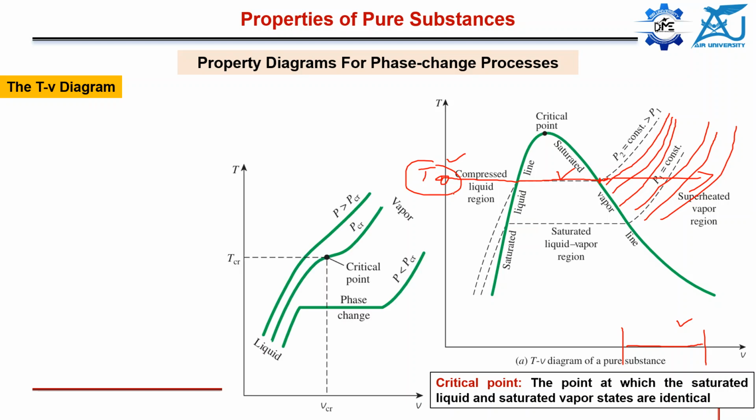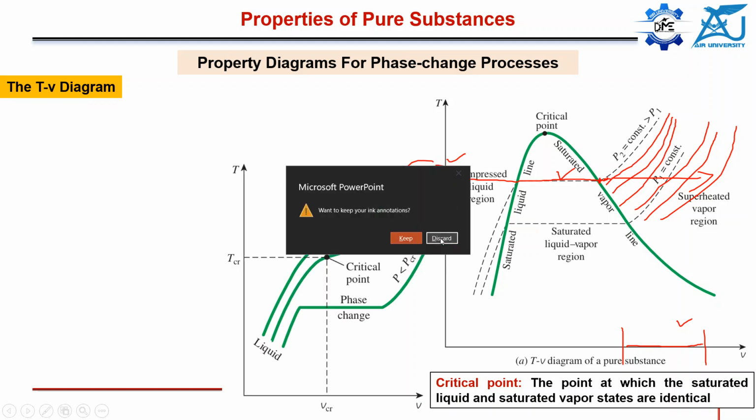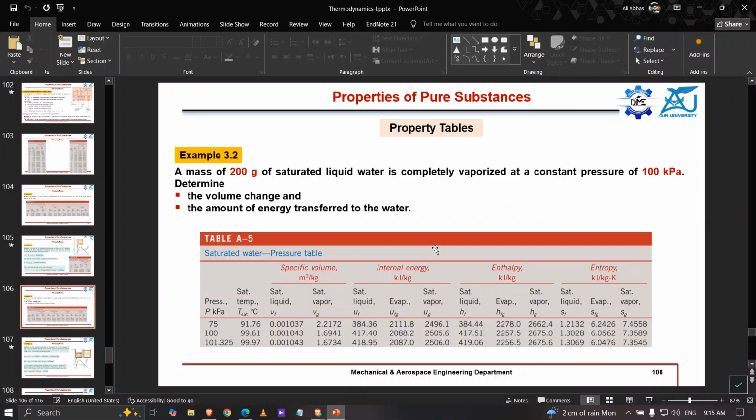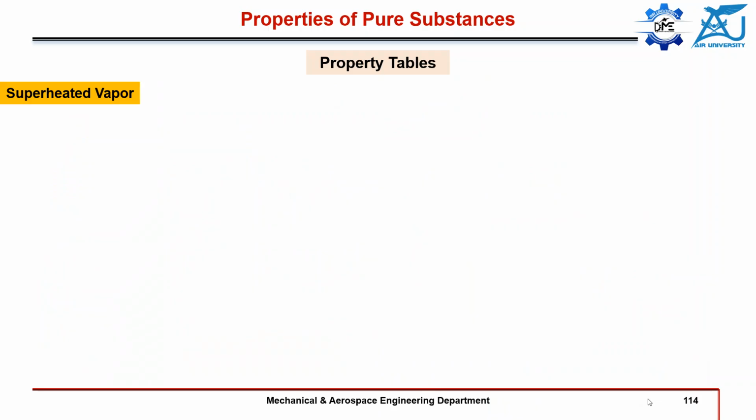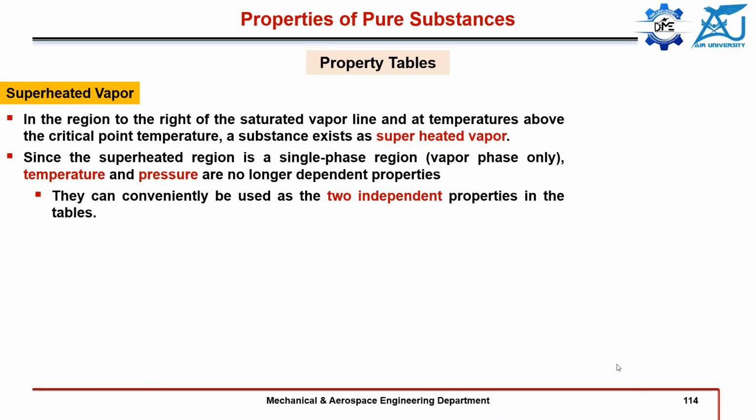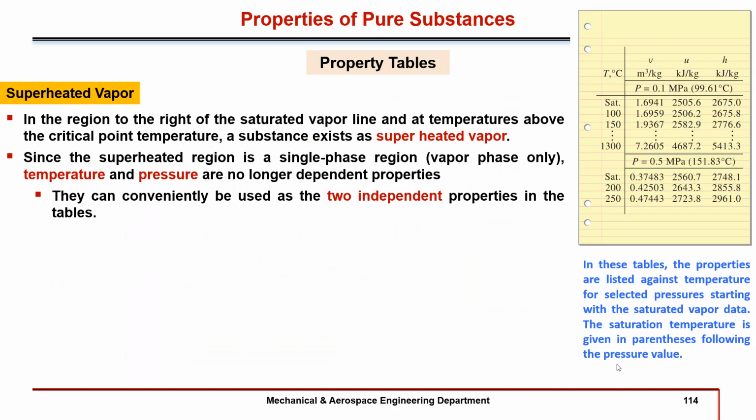This is what that sentence means. So I hope this is clear. These tables are a little bit different from the saturated liquid tables, the liquid and gaseous mixture tables. Here you will have, for a given pressure, multiple temperatures and properties for each temperature.